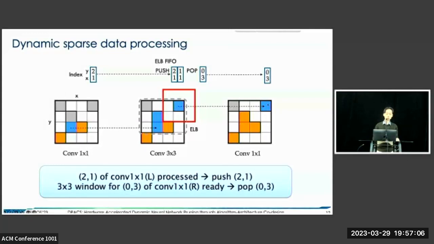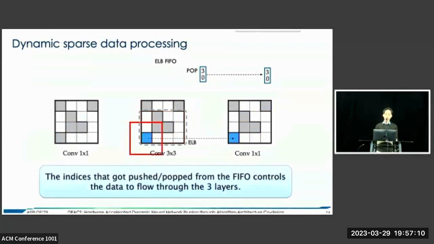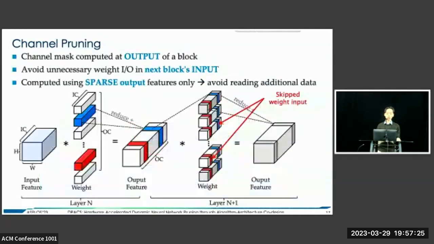So that's how the pipeline will work. You continue, continue, continue. And at the end, you will find that by just looking at the FIFO index, we are able to control the flow of data through these 3 layers without really waiting for anything in between. And we can truly leverage the pixel sparsity therein.